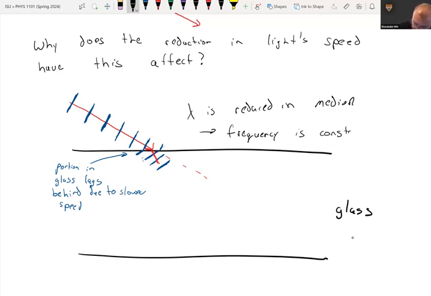You can kind of see this if you were to turn this into an animation, because the cycles get closer together, but the number of cycles per second stays the same. When the cycles get closer together, the speed is actually reduced as well. So the speed is reduced via reducing the wavelength, not via reducing the frequency.